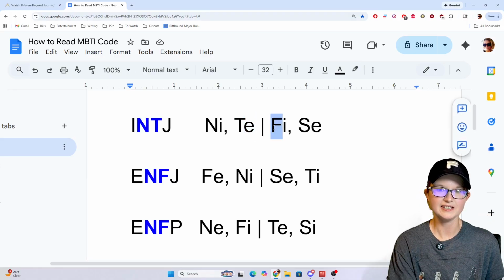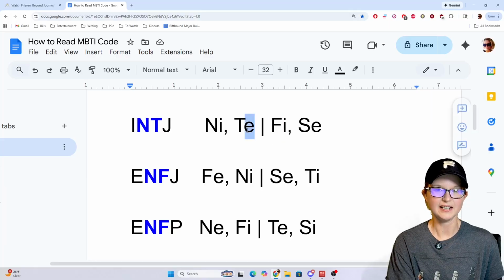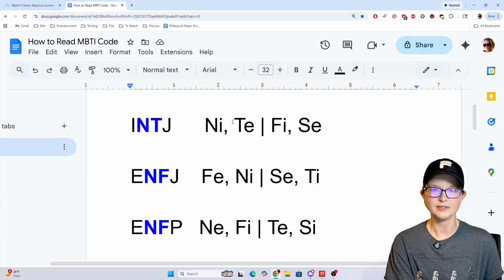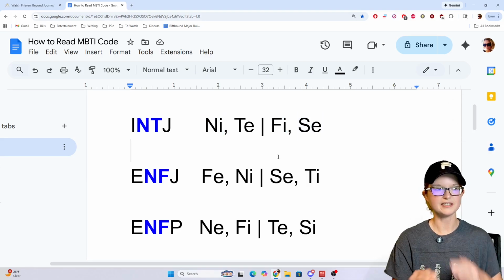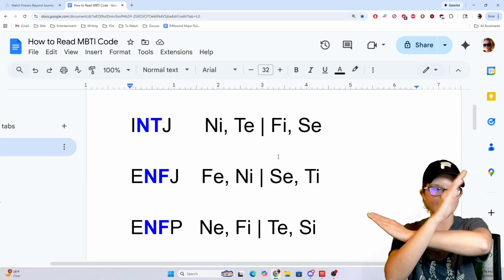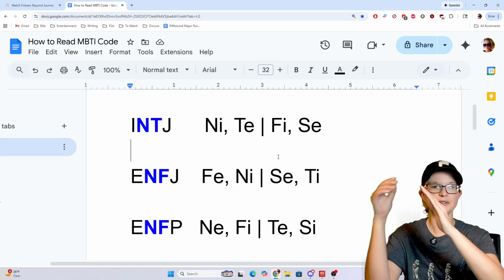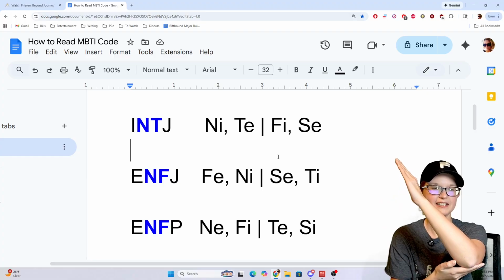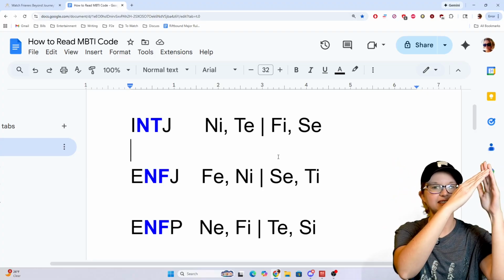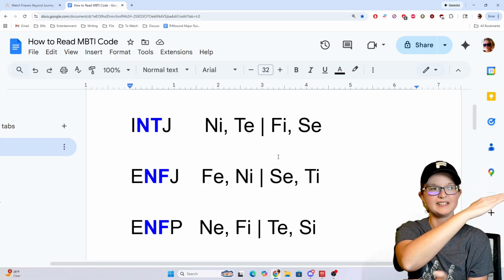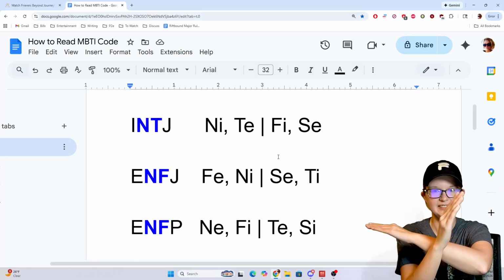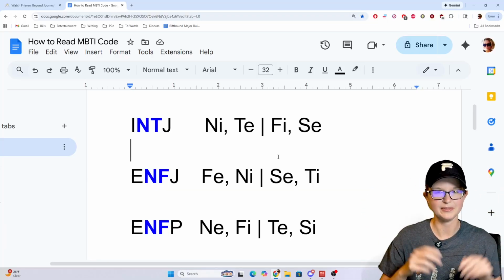The opposite of T is F, feeling. The opposite of extroverted is introverted. So on the other side of your mirror, TE mirrors into FI and NI mirrors into SE. And in some systems, you can think of these as being on axes. So there's the NI-SE axis, or there's the TE-FI axis. So you're seeking balance, I suppose.